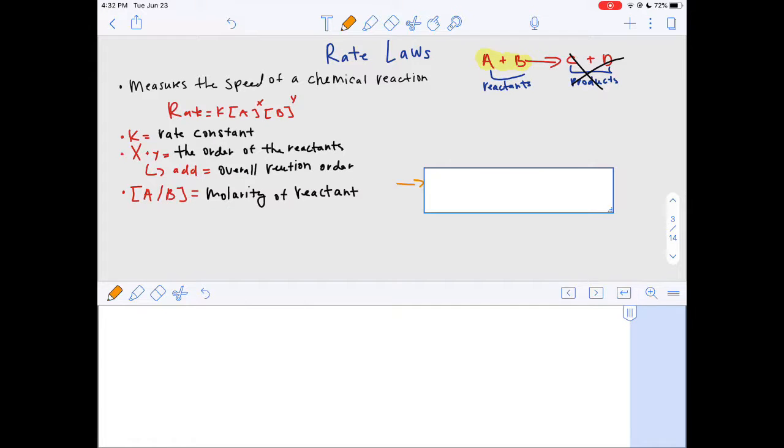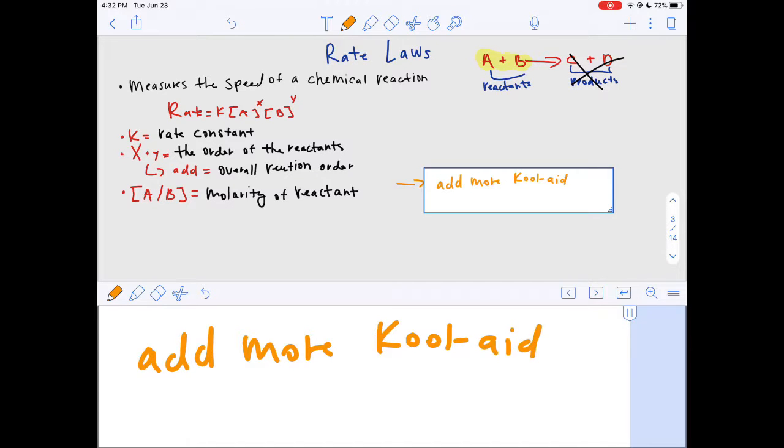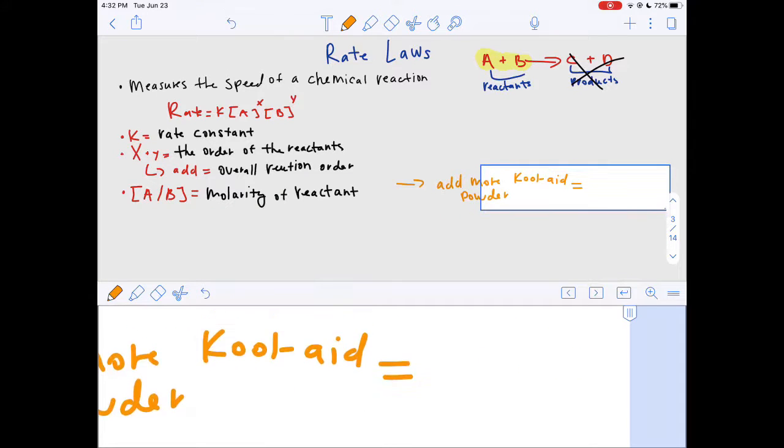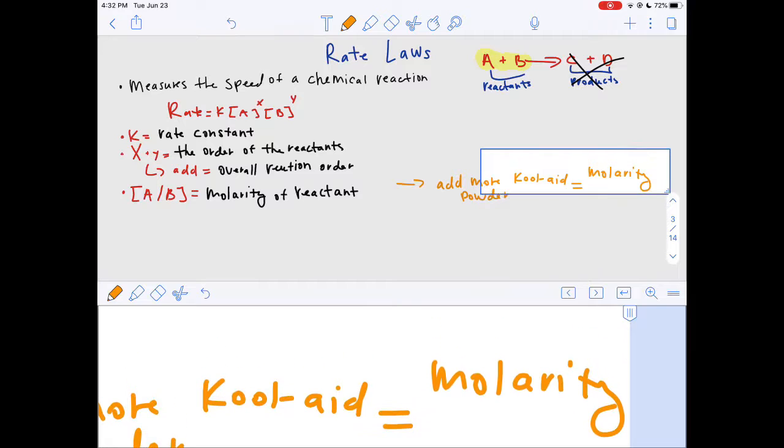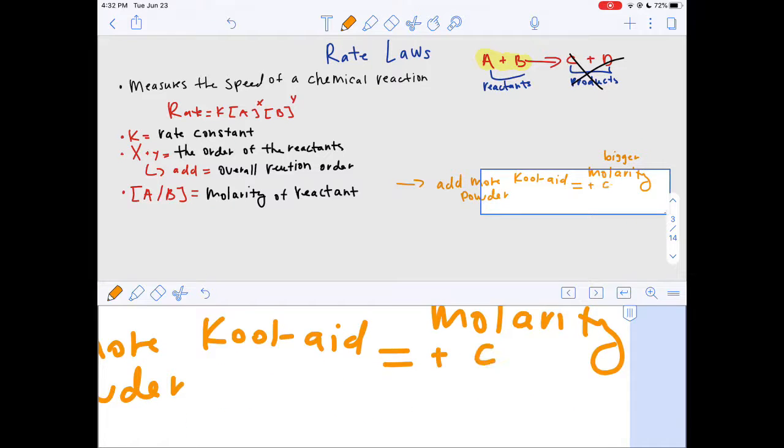If you add more Kool-Aid powder to your water, the more you add, the more concentrated it is. So the more atoms or moles that are in an element or compound, the more concentrated it is.